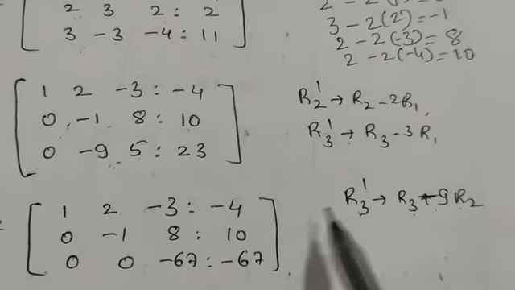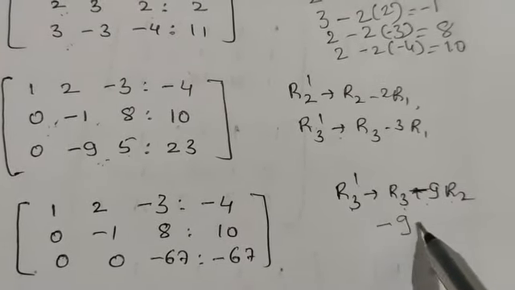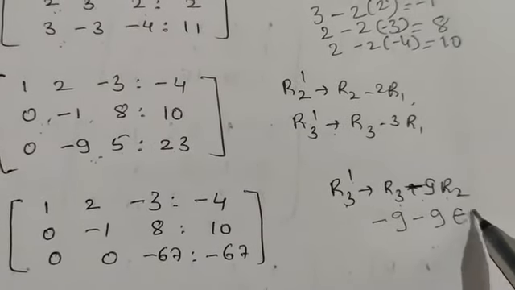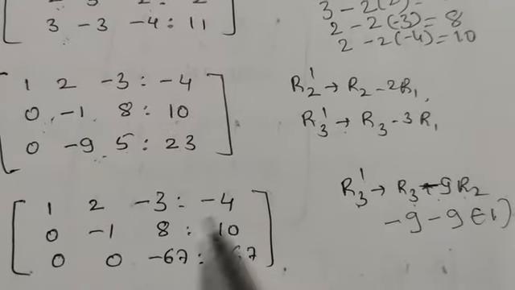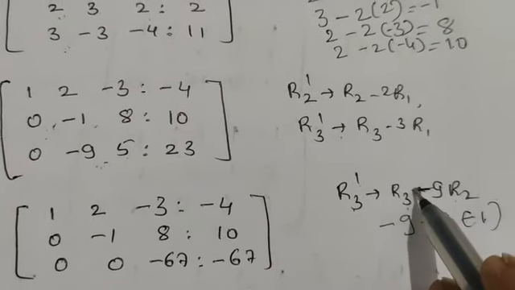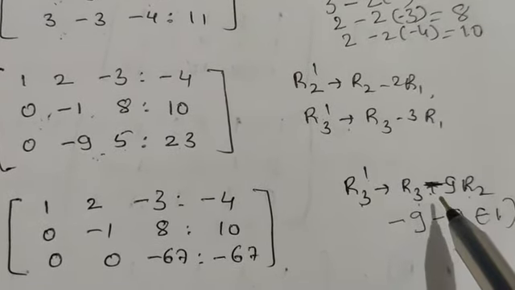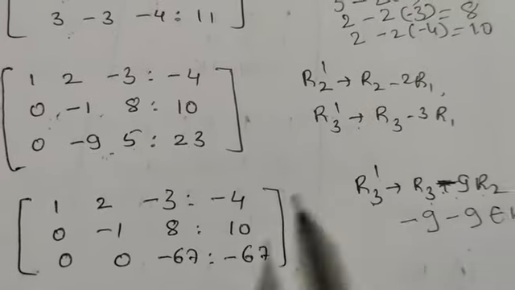So what will we get? 0 minus 0, and minus 9 times R2. R2 is minus 1, so minus into minus is plus 9, minus 9 plus 9 is 0. It is not plus, it is minus. Make the correction here, and in your notes also. So it is not R3 plus 9 R2, it is R3 minus 9 R2.